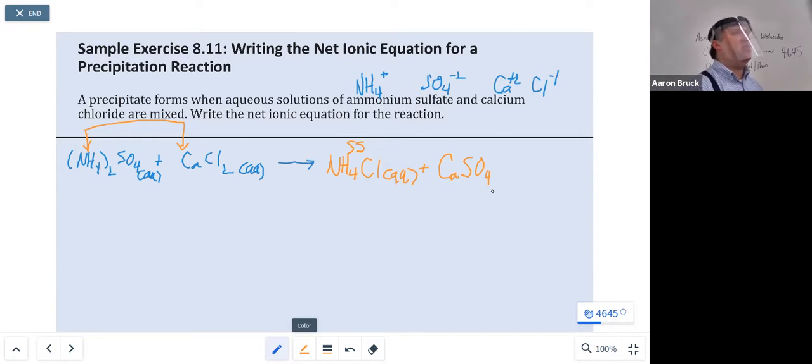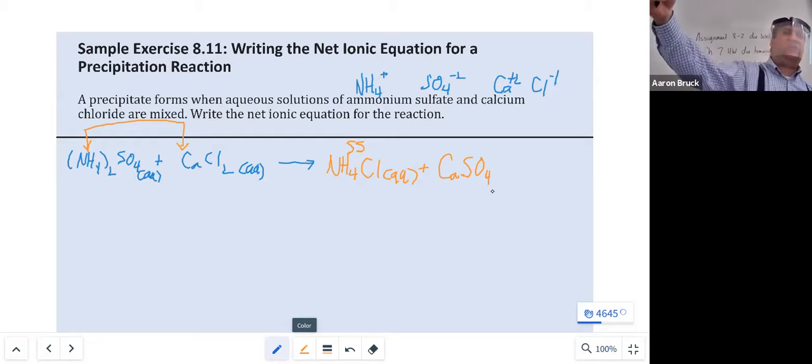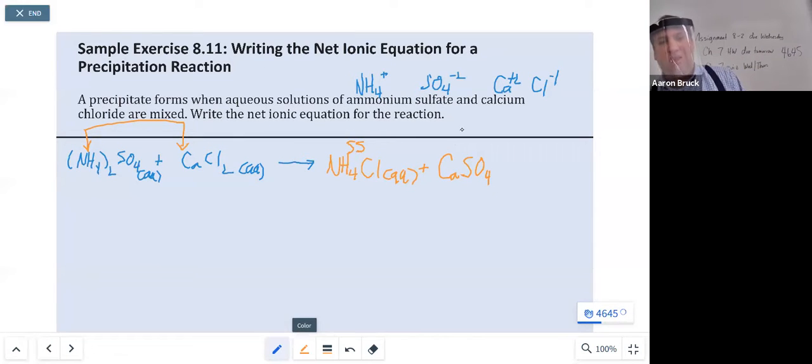Sulfates are on the usually soluble list, except for the Balcomers sulfates, where Balcomers refers to the bottom half of group 2 plus lead and mercury. The bottom half including calcium, strontium, and barium. Calcium being one of those exceptions. This is an insoluble salt. So the phase here would be solid.